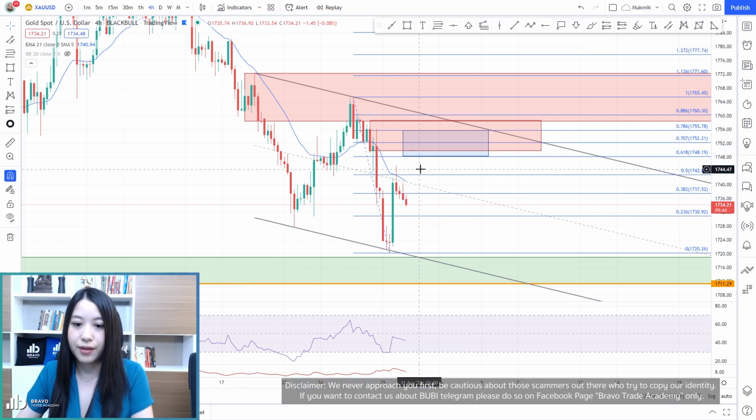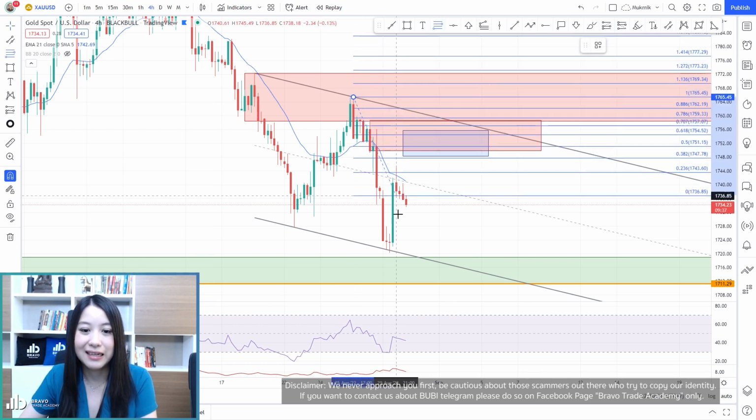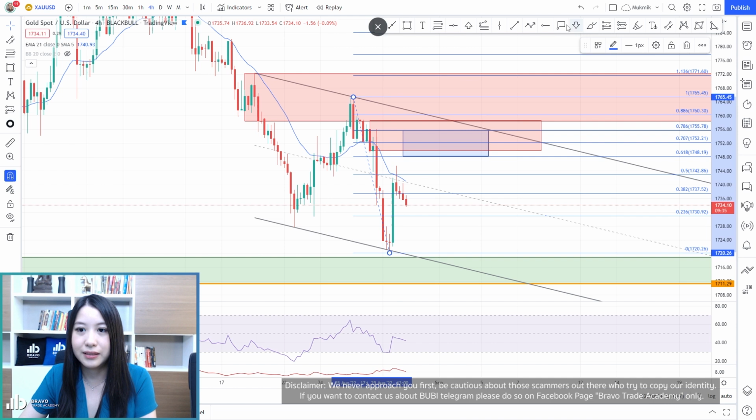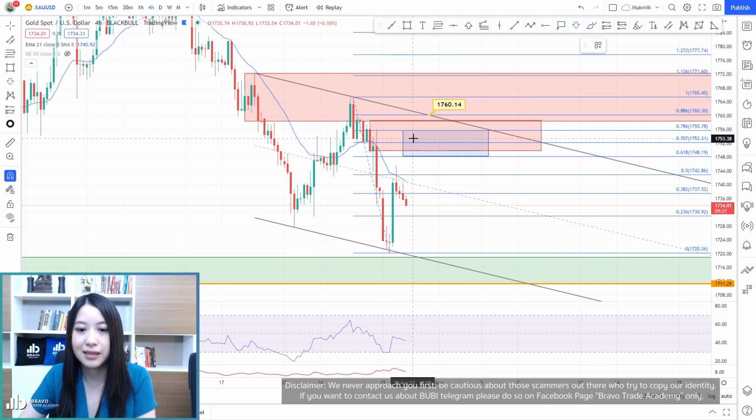Another thing that I've got for you is the harmonic pattern, and I would say that it is around this price. For the harmonic pattern, you can be waiting at around 1760. Let me put down the numbers for the QM sell.